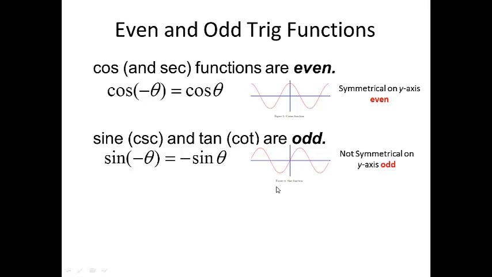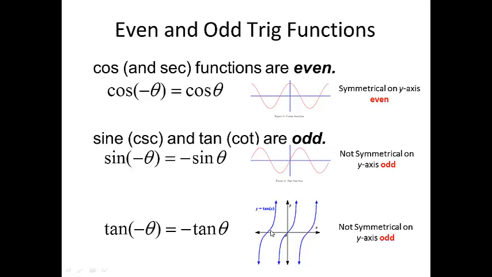It's just opposite. If you put a negative in here, you're going to get a negative sine. So if you go over positive 1/2 pi, you're going to be at +1. Or if you go over -1/2 pi, you're going to get a -1. So that's what makes them opposites.